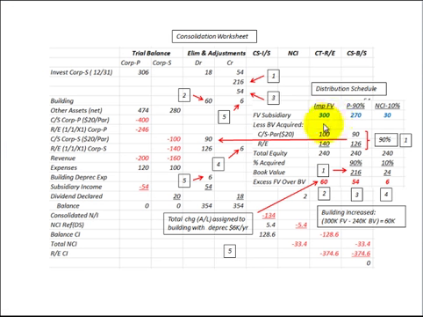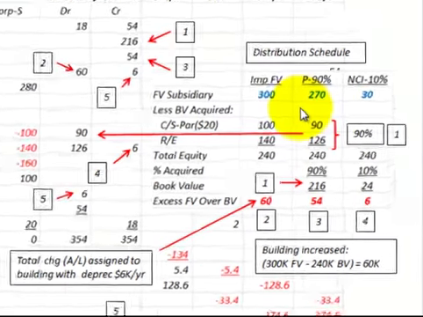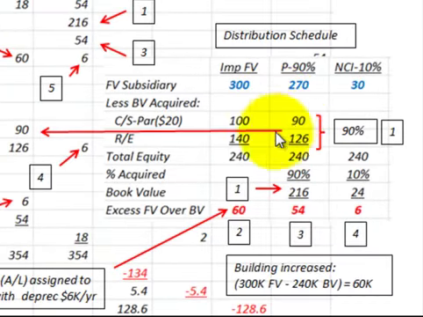All right, to make our elimination and adjustment entries, the first thing we have to do is eliminate 90% of the sub's equity against the investment account. So looking at the parent's equity in the sub, 90% of the common stock of $100,000 gives us $90,000, and then 90% of the retained earnings of $140,000 gives us $126,000.